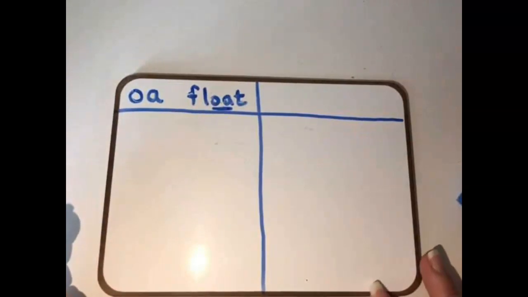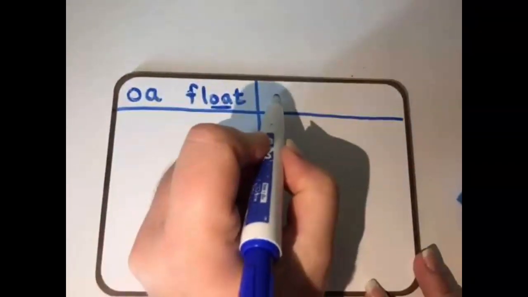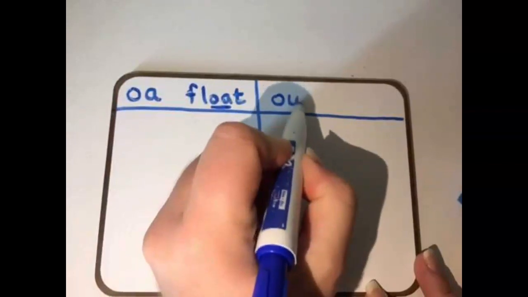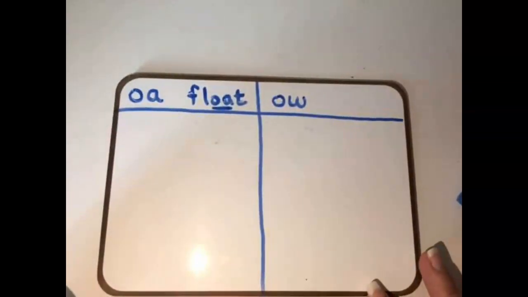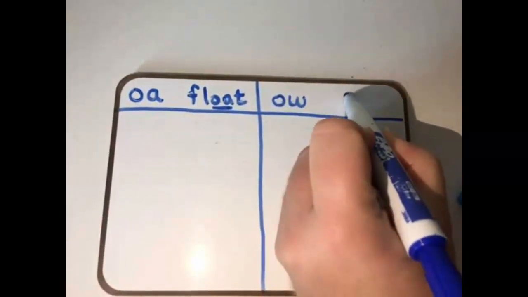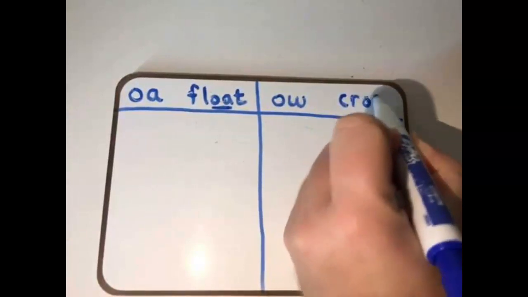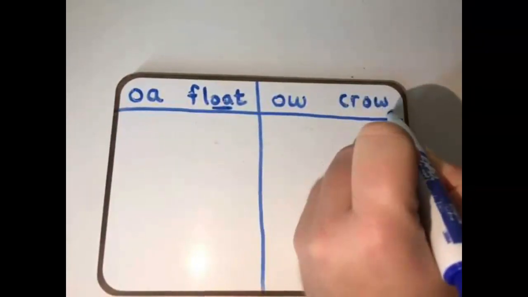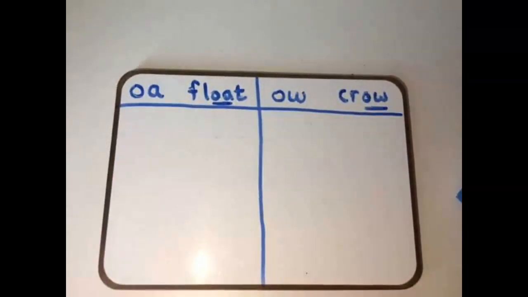And the other one is O-W. And O-W is in words like crow, like the bird that's a crow. And you can see O-W right there. So I want you to go ahead and pause the video and write in what you see I just wrote in on mine.